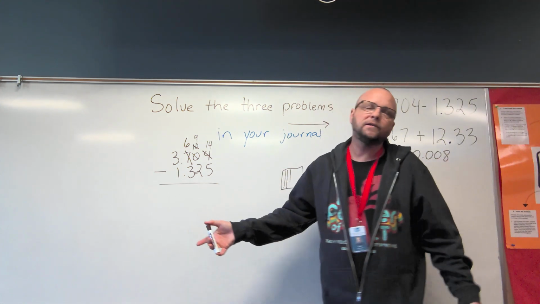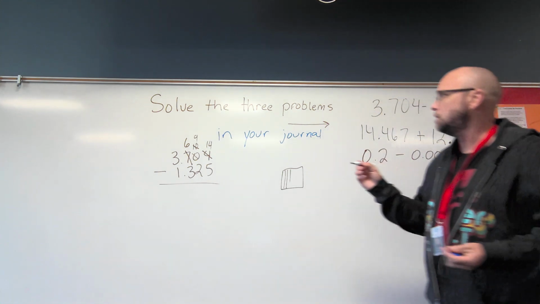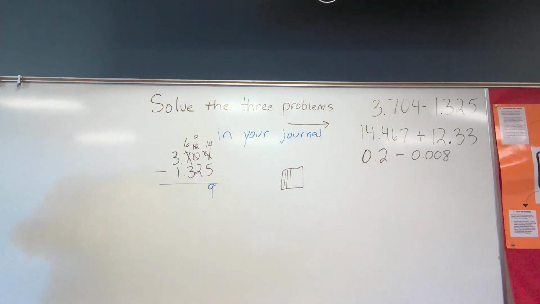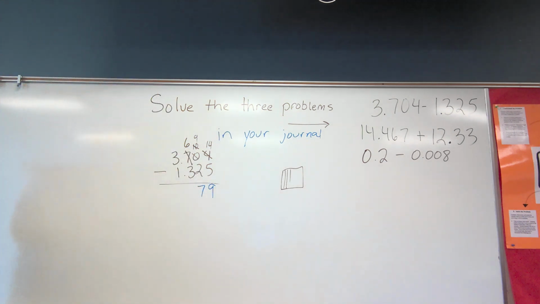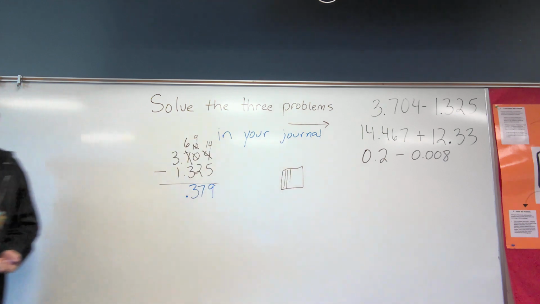Now I can do 14 subtract 5, and I get what? 9. And now I have the difference between 9 and 2, which is 7. Now I have the difference between 6 and 3, and I get 3. My decimal point comes straight down.